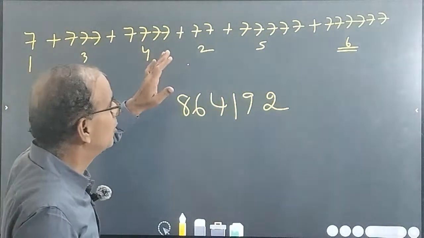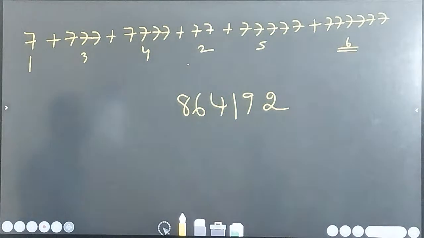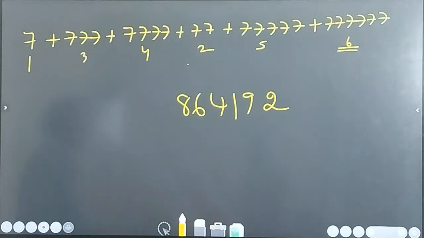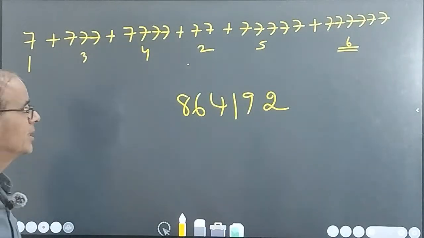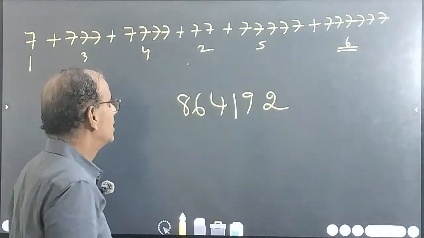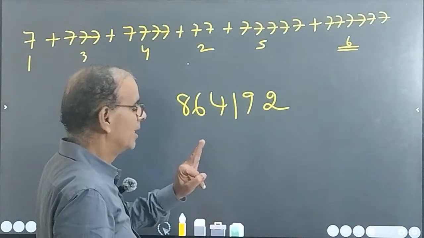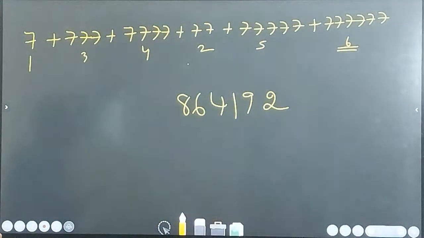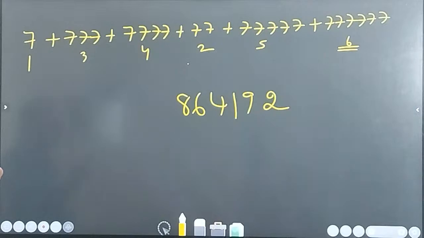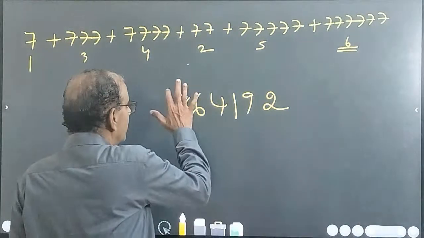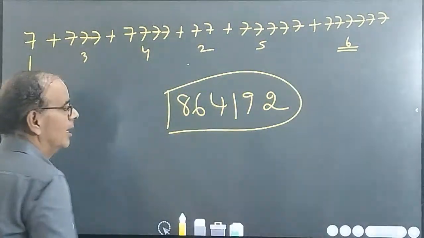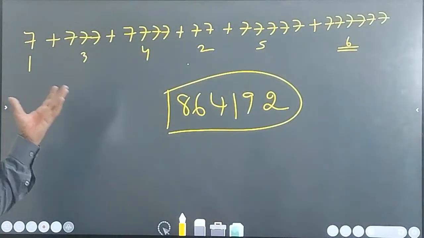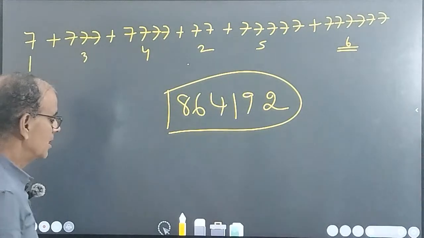So if it is consecutive, once again repeating: 6 sevens are 42, 5 sevens are 35, 35 plus 4, 39, carry over 3, 3 sevens are 21, 21 plus 3, 24, 2 sevens are 14, 16, carry over 1, 1 seven is 7, 7 plus 1, 8. This is the answer. This is without any decimals.